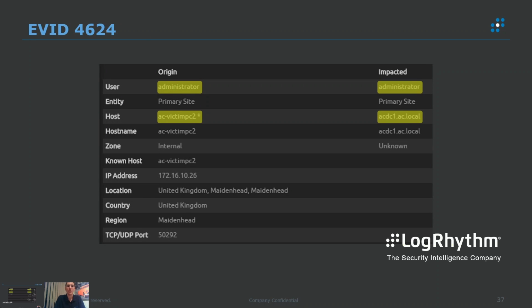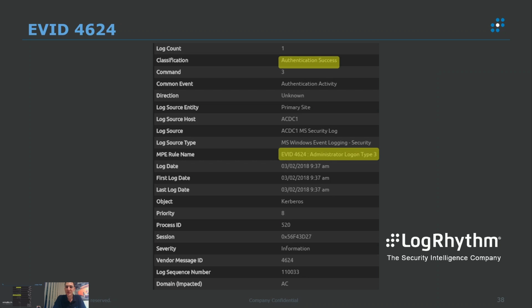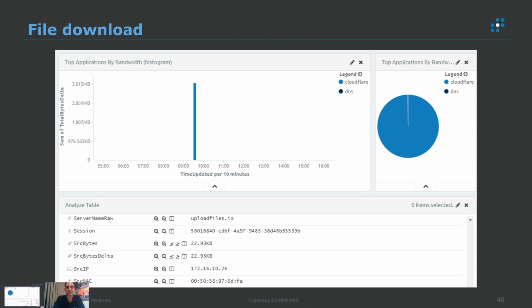Drilling in a bit further, what we see, slightly different and not necessarily documented, is a user that's used administrator privileges to execute Mimikatz on the remote machine. Using this information, we see that they do a network logon and successfully authenticate. This isn't a great example, but if we had more information, we could potentially see something stand out in the trend graph.